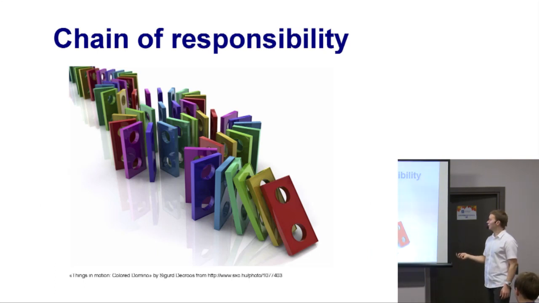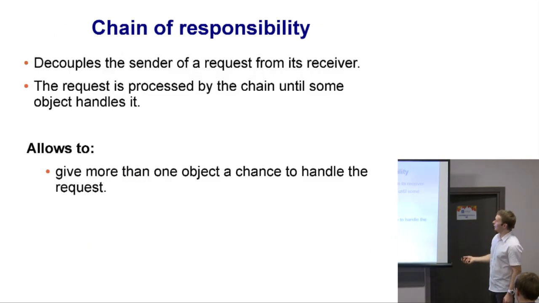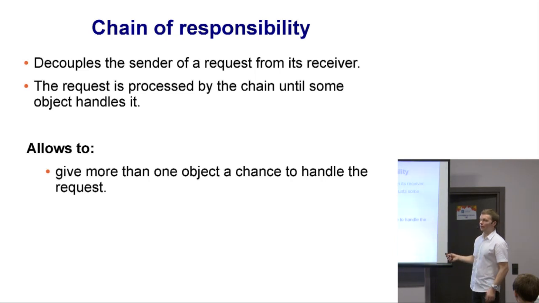Chain of responsibility. Chain of responsibility decouples the sender of a request from its receiver, so the request is processed along the chain until some object handles it. And it gives a chance to every object to handle the request.